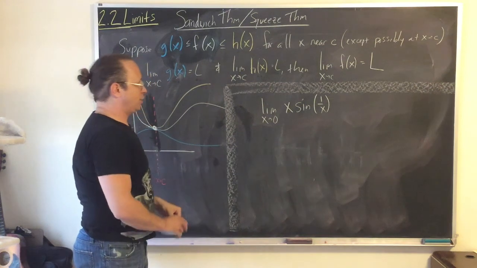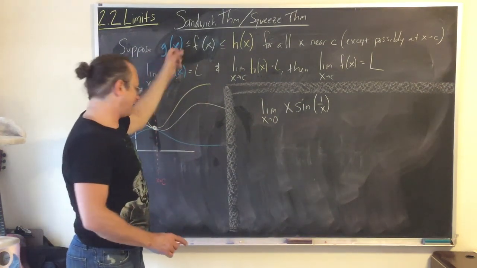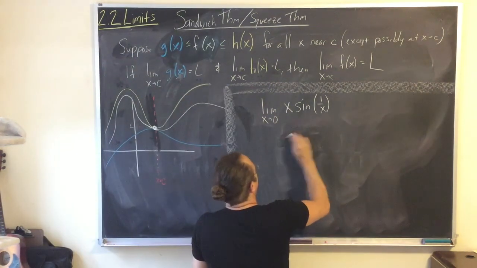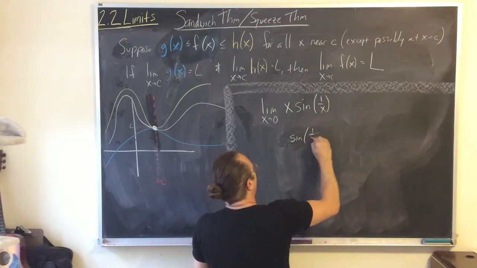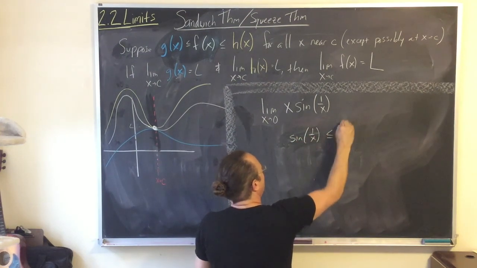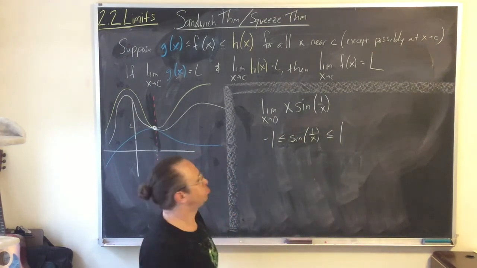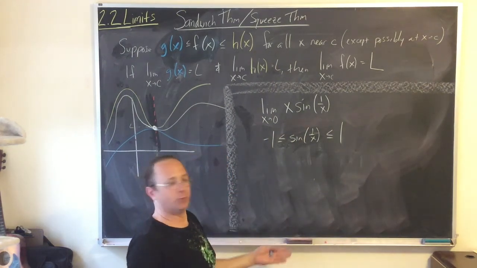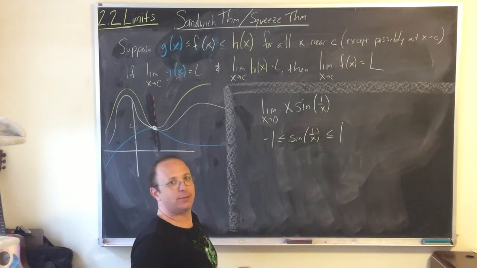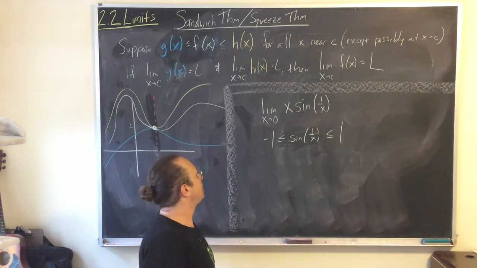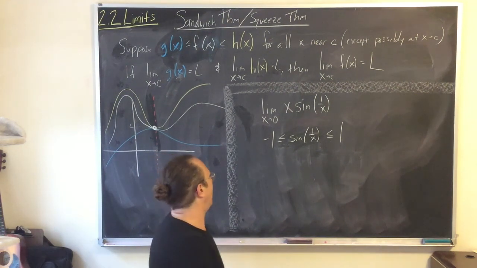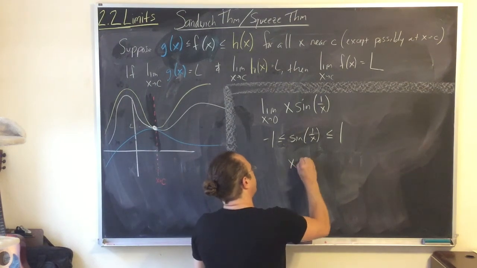And you might imagine I'm going to use this guy up here. And we'll start off with the fact that sine of 1 over x is definitely less than 1 and bigger than negative 1. That has to be true because sine of anything is between negative 1 and positive 1. I'm now going to multiply by x.